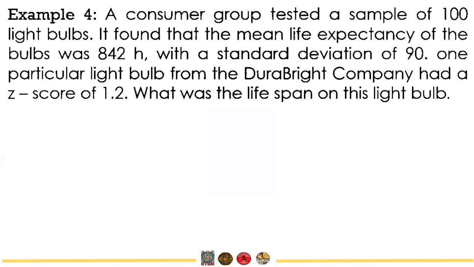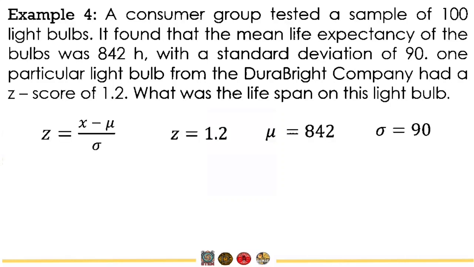So let's write the given. Of course, the formula is z is equal to x minus mu, or the raw score minus the mean, over the standard deviation. And if you will write the given, the z-score is already given. It is positive 1.2. Okay? Mu, or the mean, is 842 and the standard deviation is 90. So what are we solving?